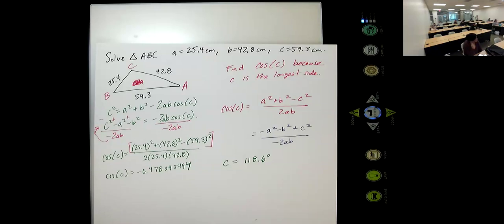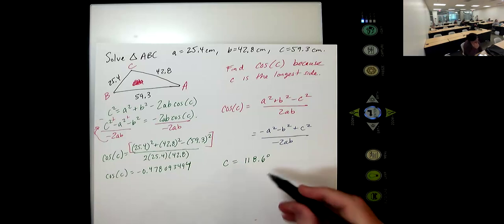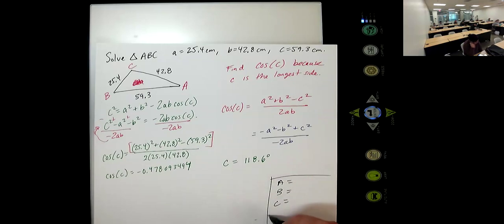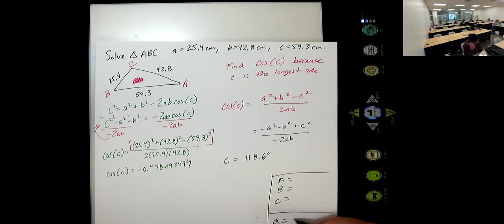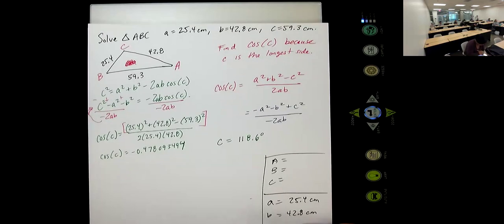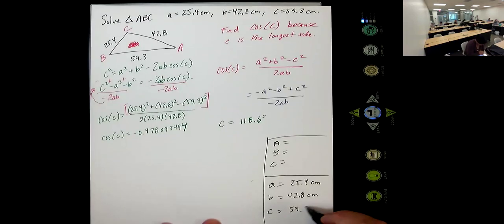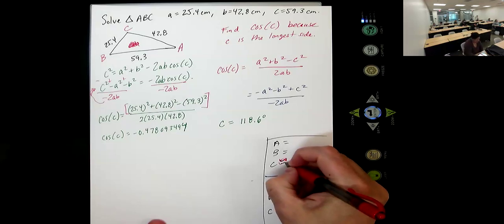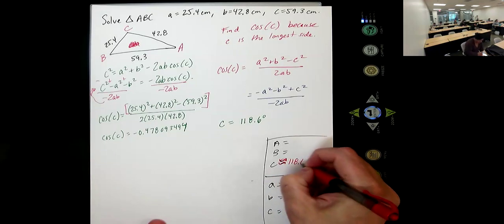So now that we have that, maybe I'll make a little A, B, C. And I just approximated C to 118.6.